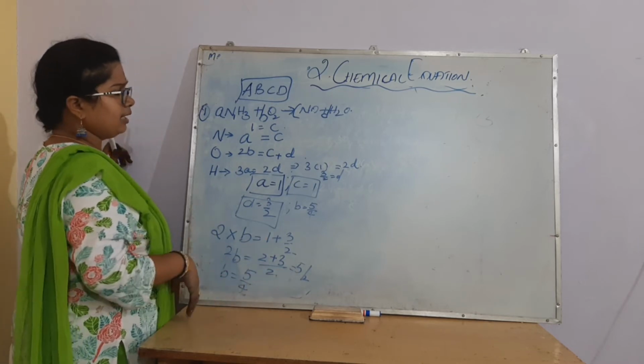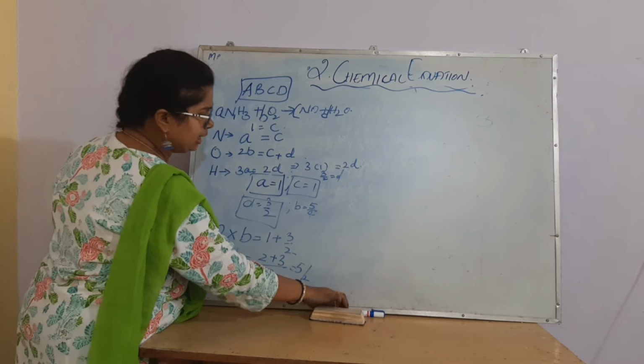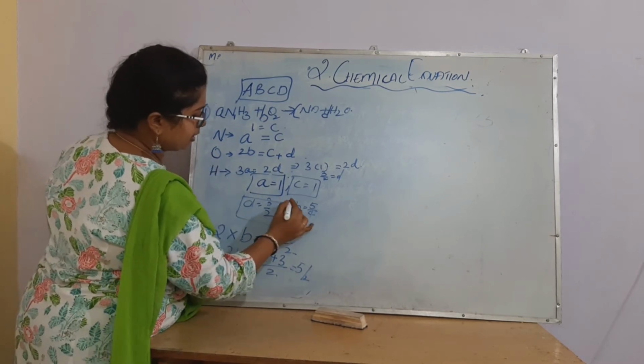So B is equal to 5 by 4. Then all the values I got: A, B, C, D. Values I got.